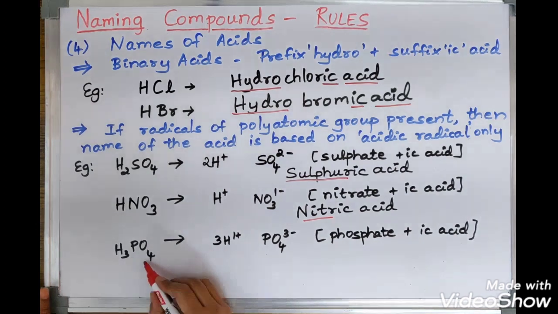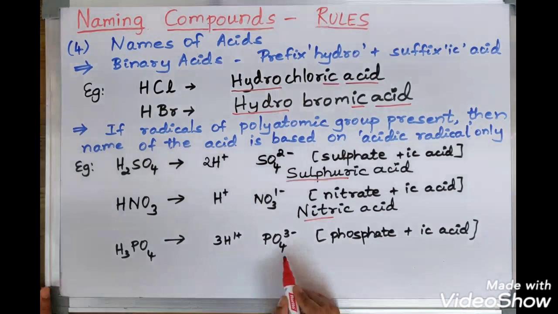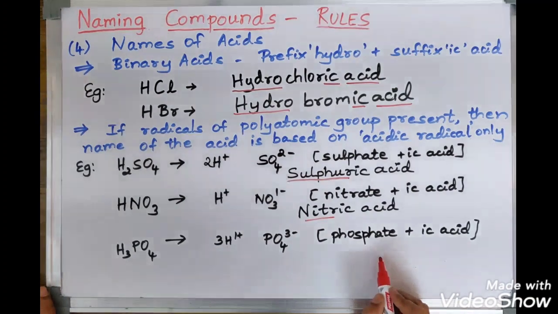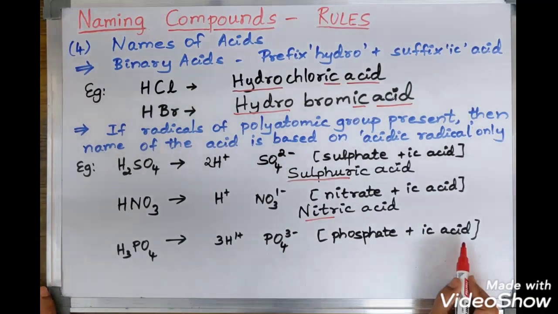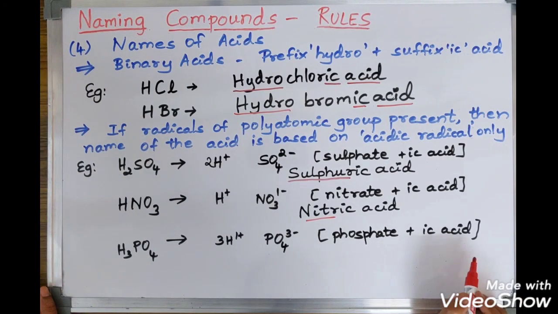Now the next one, H3PO4. Here the basic radical is H1 plus, and the acidic radical is PO4 3 minus. PO4 3 minus is nothing but the phosphate radical. To this phosphate radical we are adding the suffix ic acid.